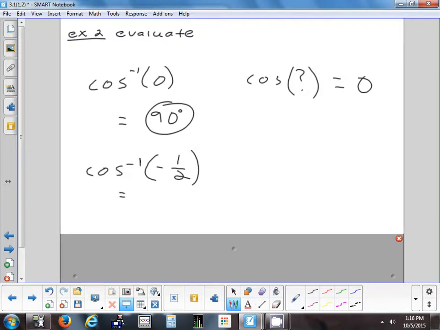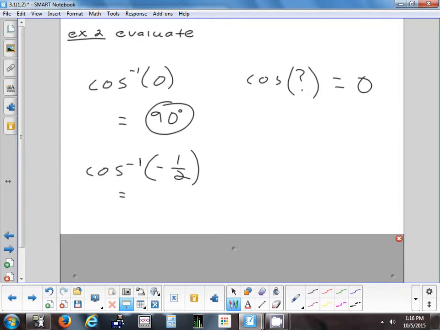Okay, how about inverse cosine of negative a half? Oh, Jane? Negative 30. Let's see, negative 30, so you're on the back. Let's see. Second to last one. Okay, make sure which column are you in? Are you in the second column?